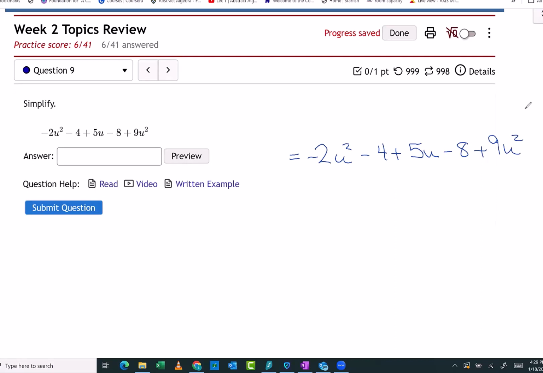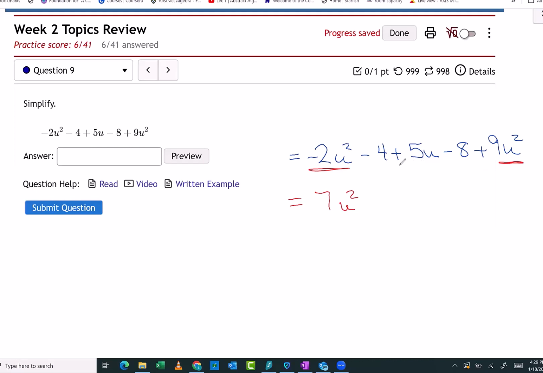Like terms are anything where the variable matches. For example, minus 2u squared and 9u squared, notice they both have a u squared. I can just say negative 2 plus 9 is 7, and then I tag on the u squared.